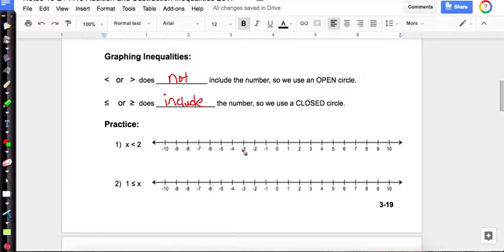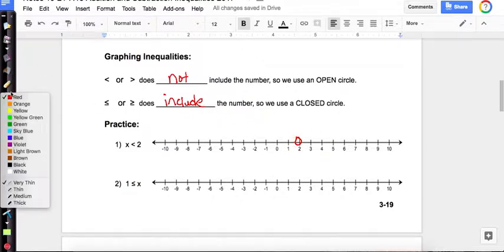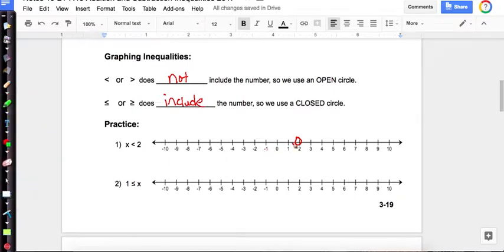So it says x is less than 2. So if I'm saying x is less than 2, I put an open circle, and that means 2 cannot be a solution, because it has to be less than 2, so it can't be equal to 2. So now we're going to shade to the left because we want less than. You just color it in and shade this way.